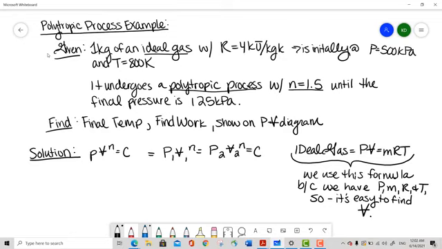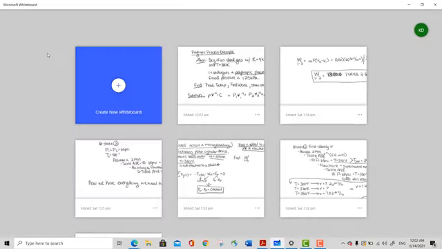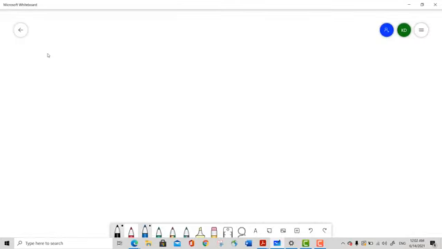Okay, so let's just get a new page. At state 1, remember, because we're looking for final temperature, final work, and to show on a PV diagram, we need to start at state 1, get all of our data here, and then use that to find our final state.